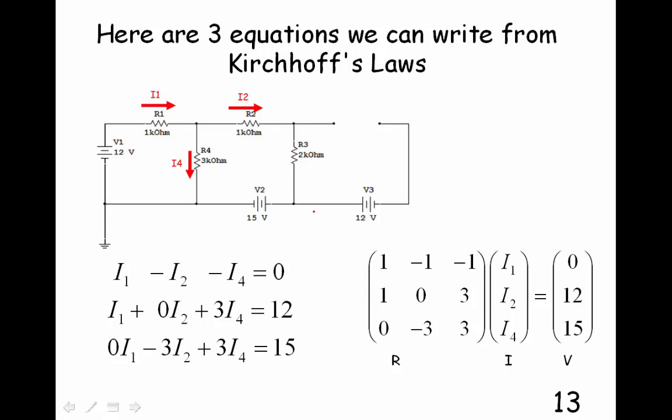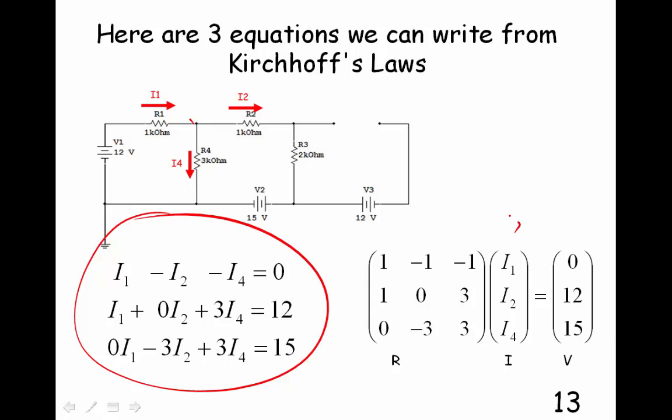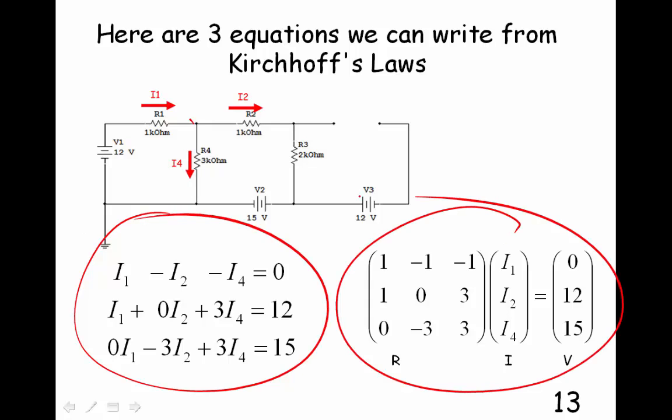And you see that I arbitrarily picked this direction for I2, but it turns out to be wrong, as we'll see. Okay, so I went through, and I'm not going to talk about how I found the three equations because we're trying to move fast here, but I did a junction rule and two loop rules. Got these three equations, and that turns into this matrix for putting into MATLAB.